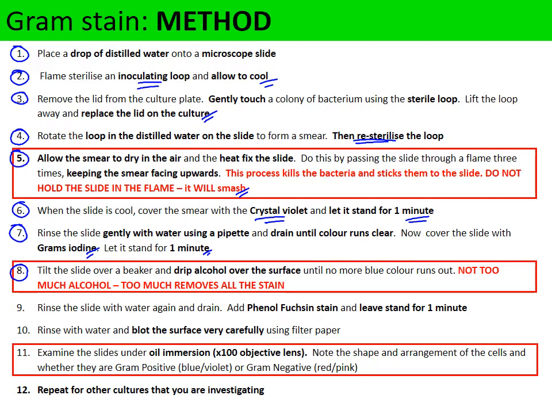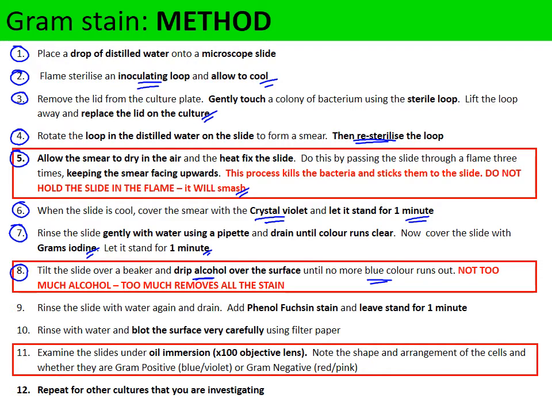So we're going to drip alcohol such as ethanol over the surface of the bacteria until no more blue colour runs out. So the blue colour is really the purple colour of the crystal violet stain. We don't want to add too much alcohol, so maybe a few drops is sufficient for this differentiation step.